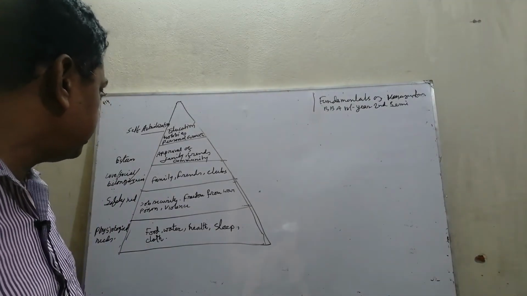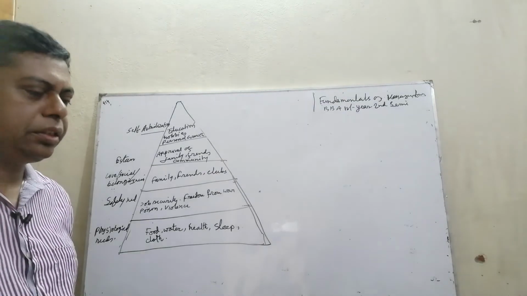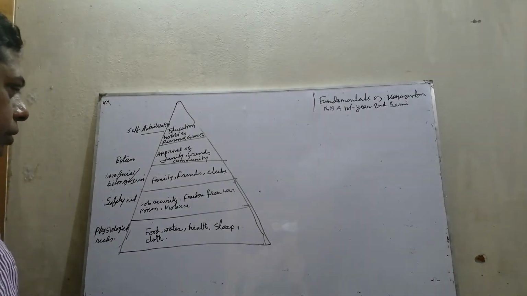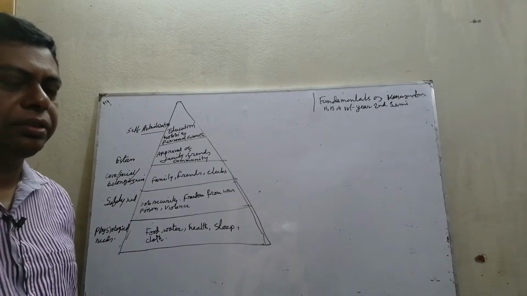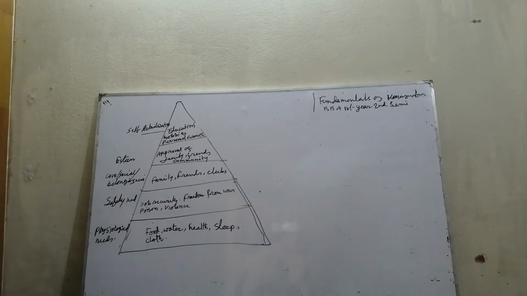And the next point, safety needs. That is important: job security, freedom from war, poison, and violence are important in this category of needs. The safety or security needs emerge once the basic physiological needs of a person are fulfilled. Job security is one such need.